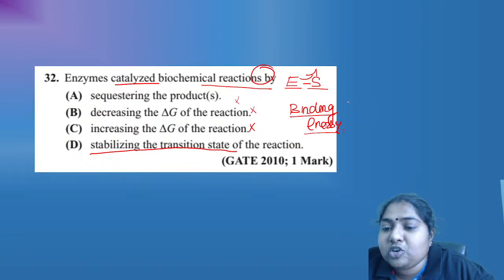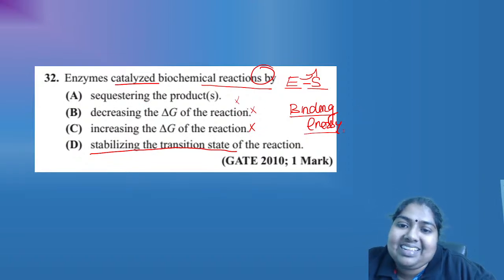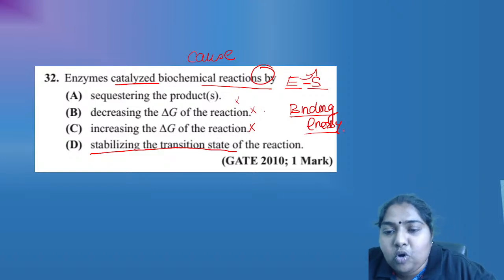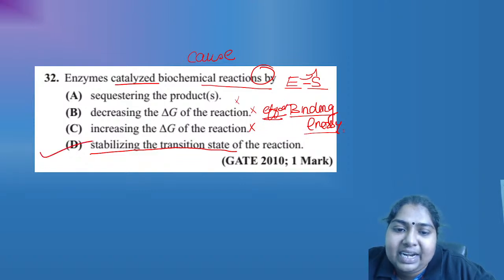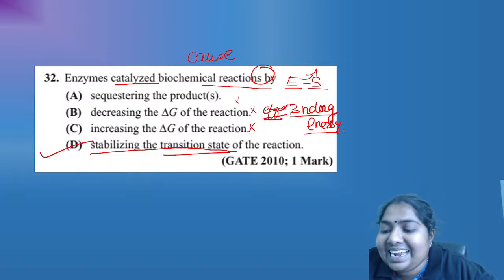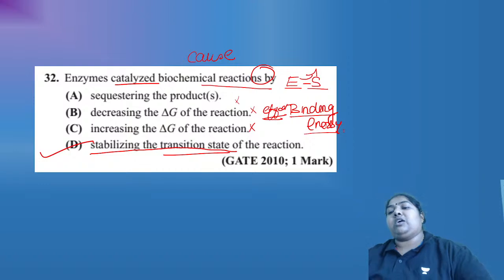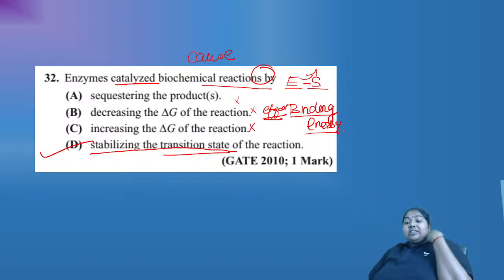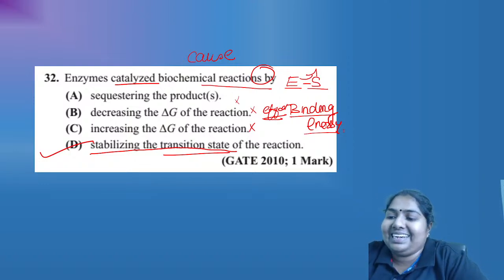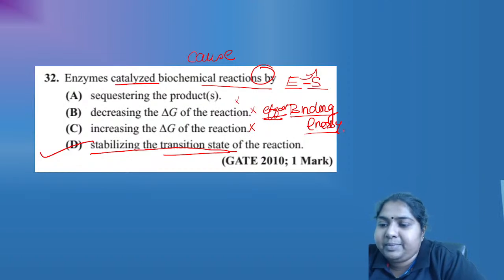So you understood, this is not the cause. They are asking the reason or the cause. This is going to be the effect. So who is causing that? It is because of the transition state. So now everybody understood this question. What is the difference between the cause and the effect?